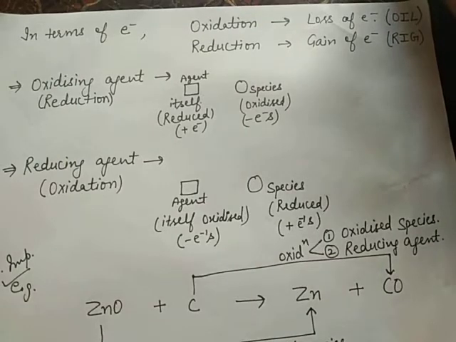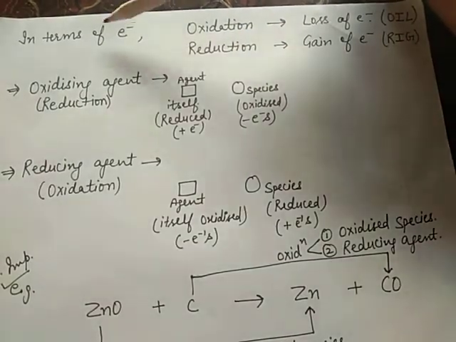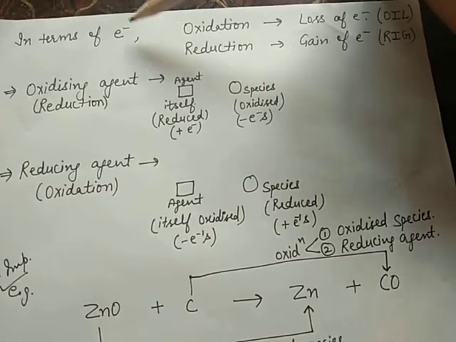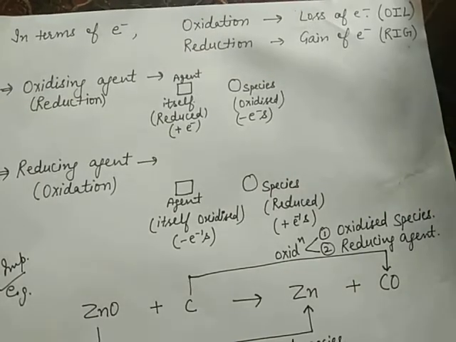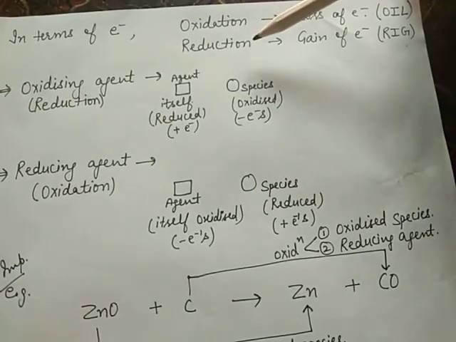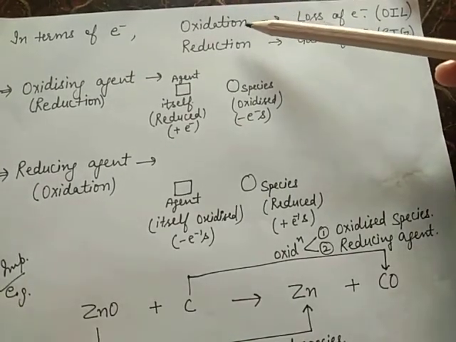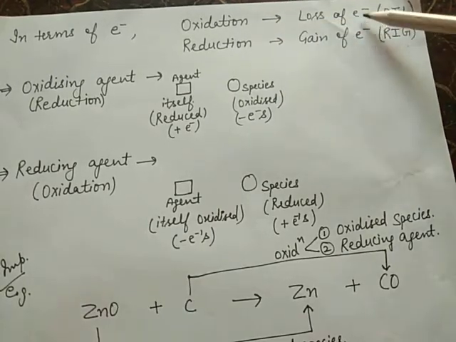Now we discuss oxidation and reduction in another term, that is the electronic concept, means in terms of electrons. How the oxidation and reduction take place. First of all, we know the definition of oxidation. Oxidation means loss of electrons.